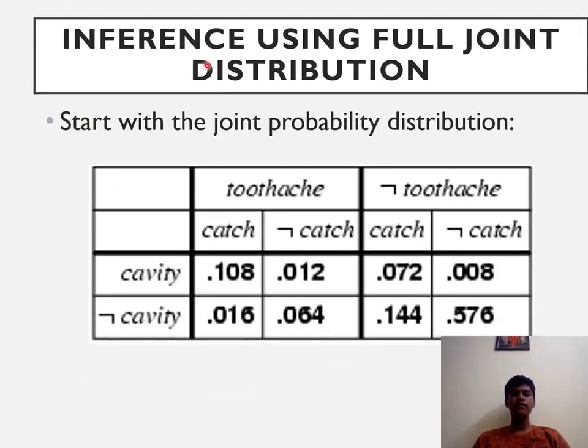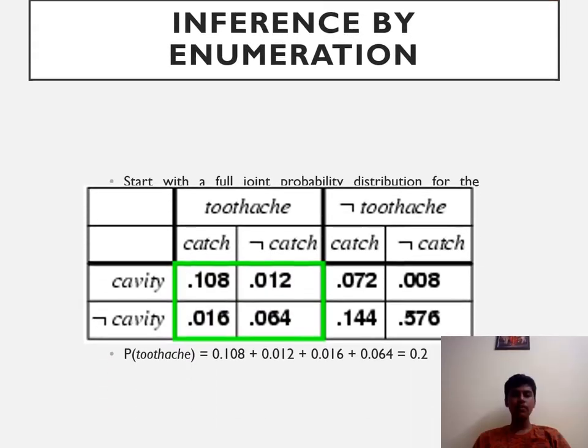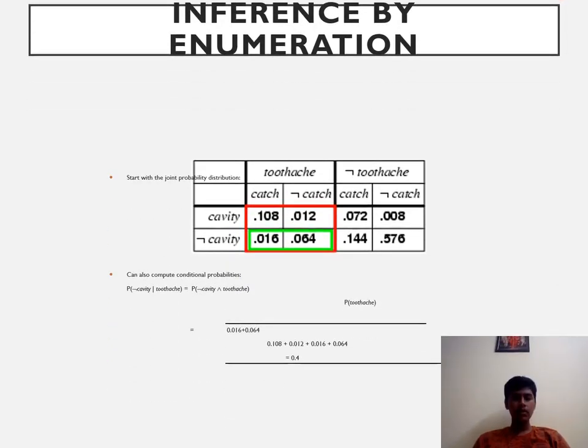Now my topic, inference using full joint distribution. Starting with the full joint probability distribution for toothache, P(toothache) is 0.108 + 0.012 + 0.016 + 0.064, which sums to 0.2.